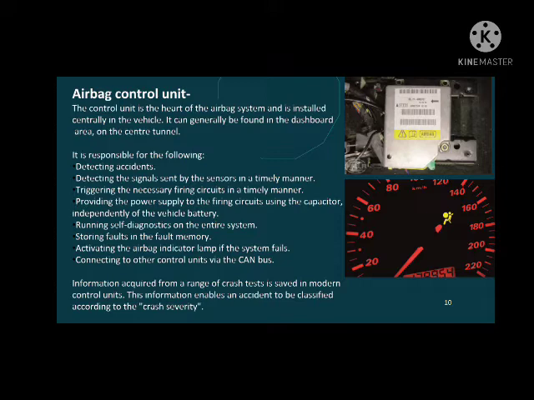For sufficiently high car deceleration, the mass moves forward to close the switch contacts. In a real collision at sufficient speed, both switch masses will move to close the switch contacts, thereby completing the circuit and igniting the chemical components to inflate the airbag.